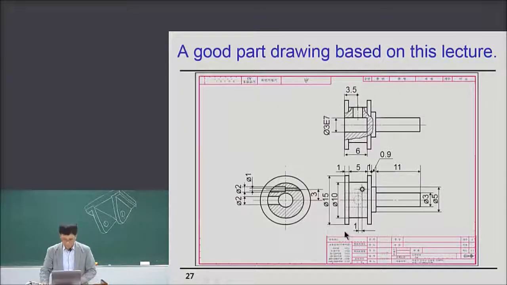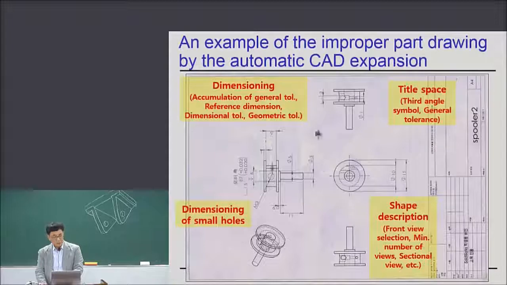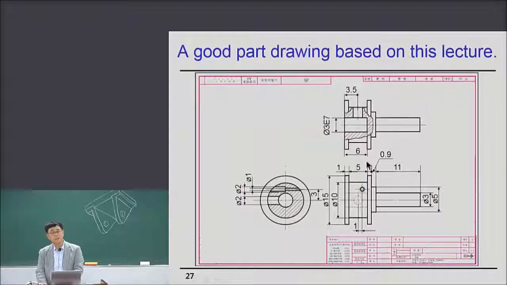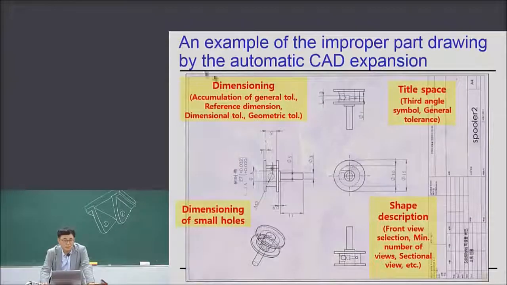Okay, dimensioning. So please compare the drawing here and this. Please understand that the automatic hidden line expansion does not give you the proper part drawing. Very important.